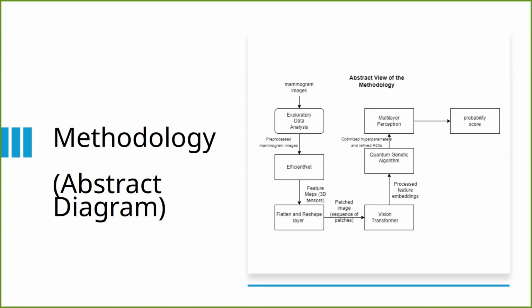So the EfficientNet, like I said, extracts local features, reducing spatial redundancy, which outputs the feature maps. Feature maps are just 3D tensors. But remember, the vision transformer model expects a sequence input. That is why these 3D tensors from the EfficientNet are then flattened and reshaped so that they are in that format.